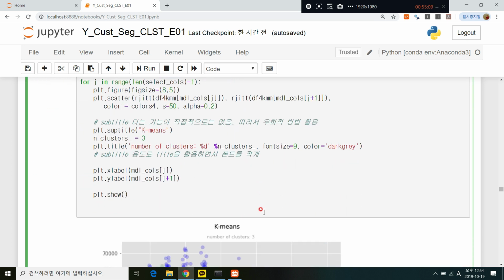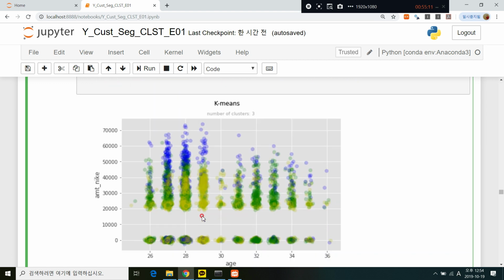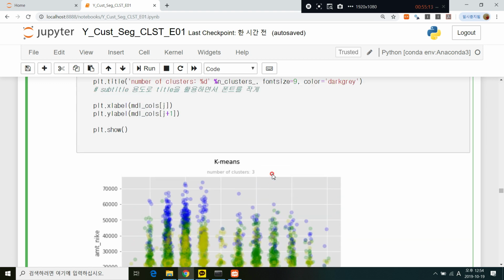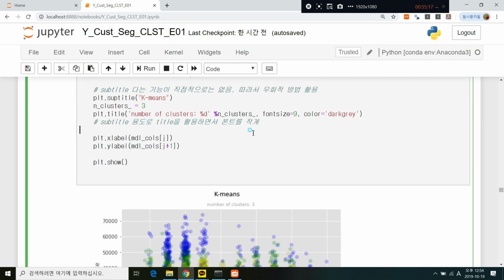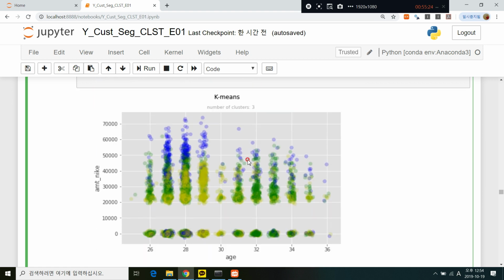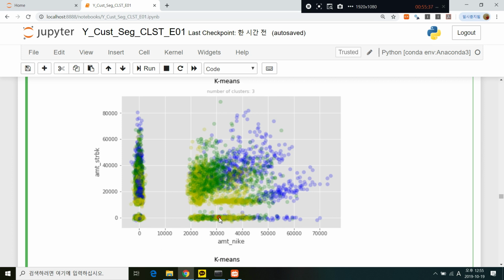To check the profile in detail, we can use this to interpret the detailed result. We can create a series of scatter plots comparing age and amount Nike, and amount Nike and Starbucks, just like this.